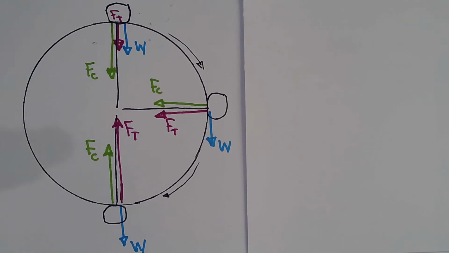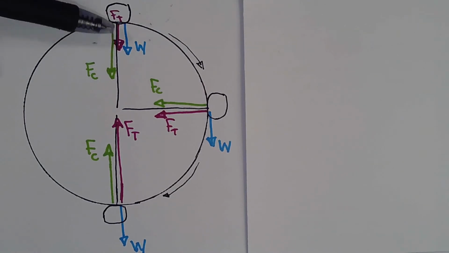What makes up that centripetal force? The centripetal force, remember, is not a force in and of itself. It's a name we give to forces, or a single force, that acts in a way to cause an object to move in a circular path. So centripetal force is a name that we give to other forces that are serving in that role.